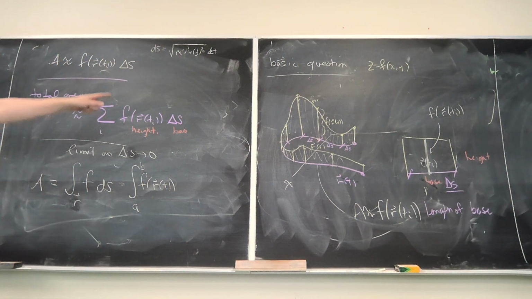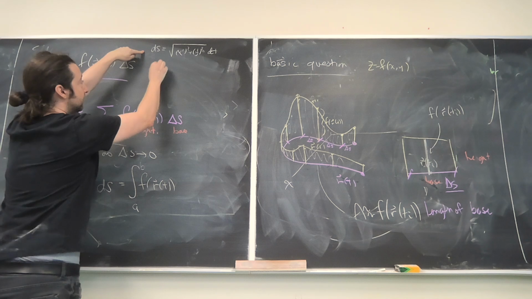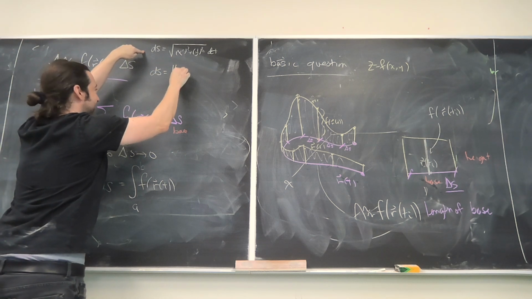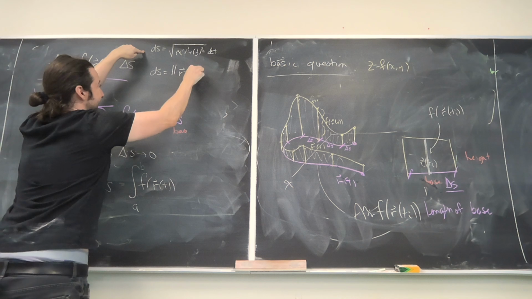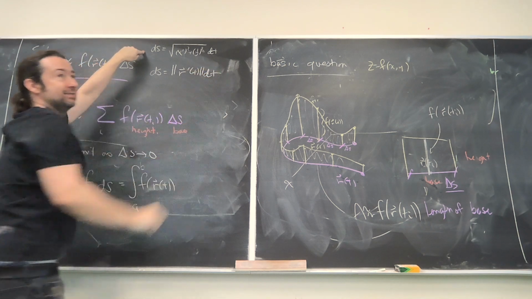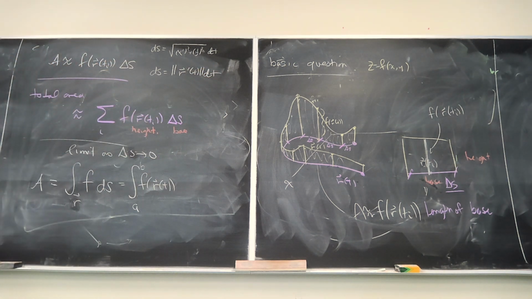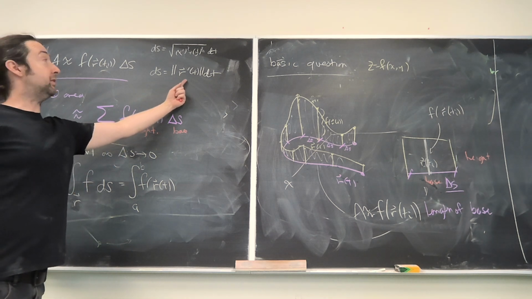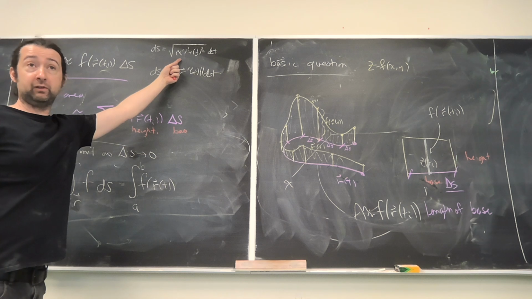Okay, so I'm going to observe that in calculations, a more convenient way of writing this is to write that this is the magnitude. All right, so we did this when we did the vector calculus. We were doing arc length. This is the length of the derivative vector, right?